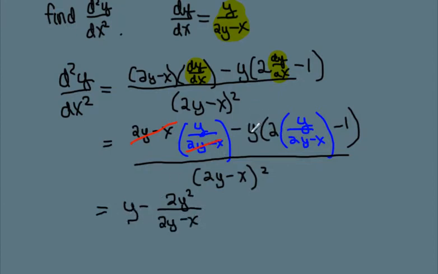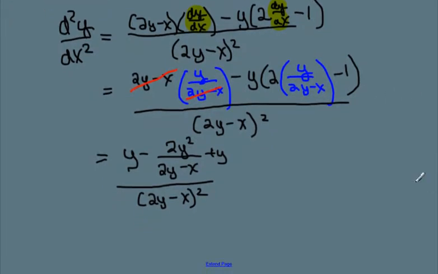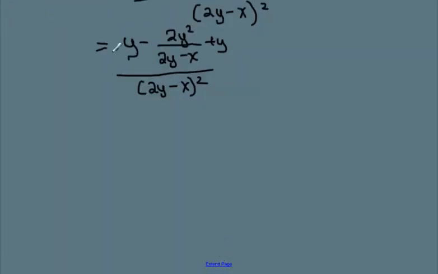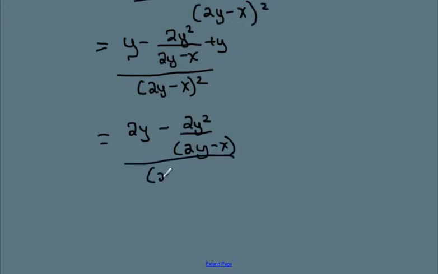Okay, and then I'm going to take a negative y and distribute it out to here, so that makes it positive y, all over the same denominator of (2y minus x) all squared. Now if I simplify this, I'm left with 2y minus 2y squared over 2y minus x, all over (2y minus x) all squared.